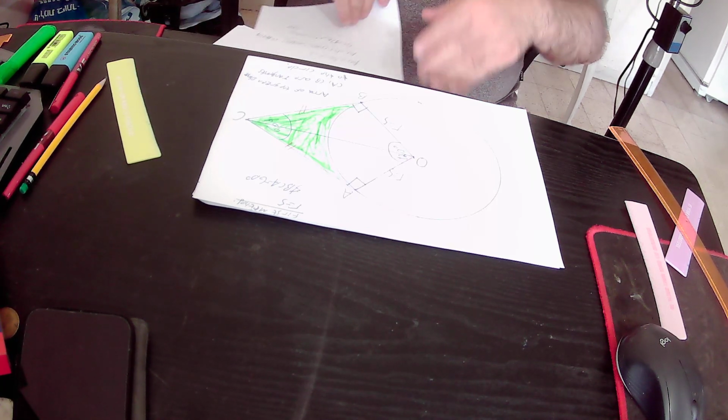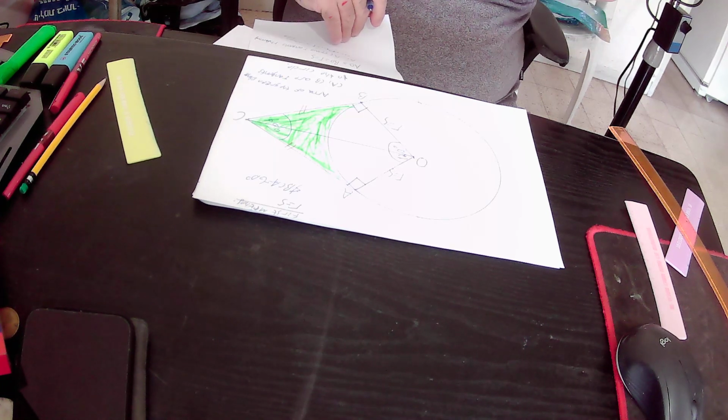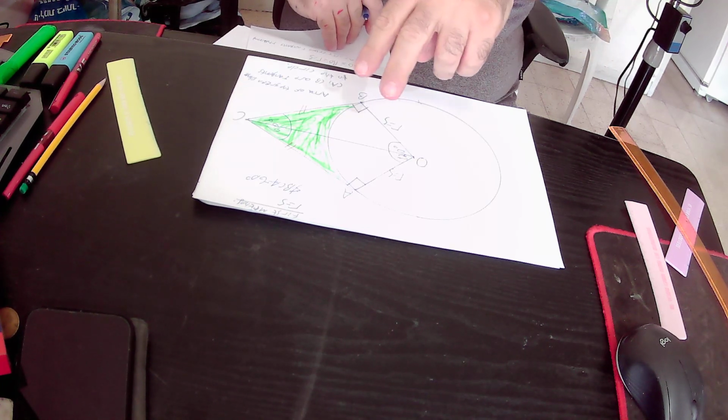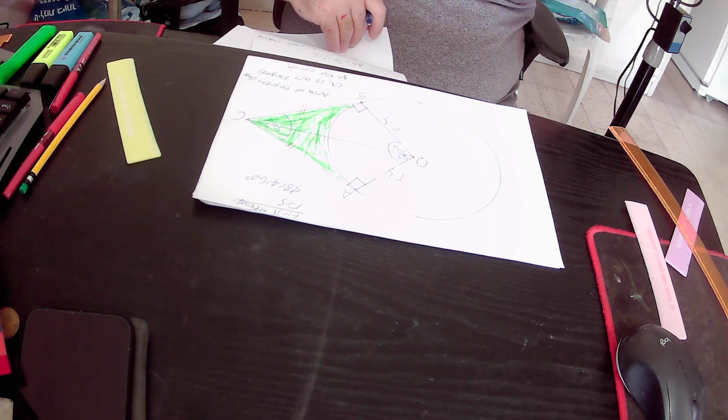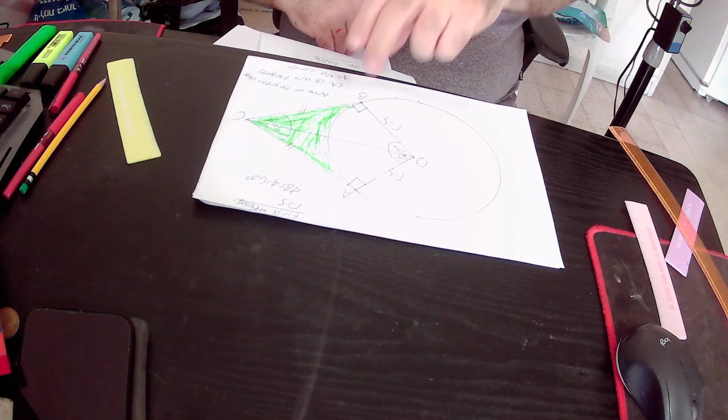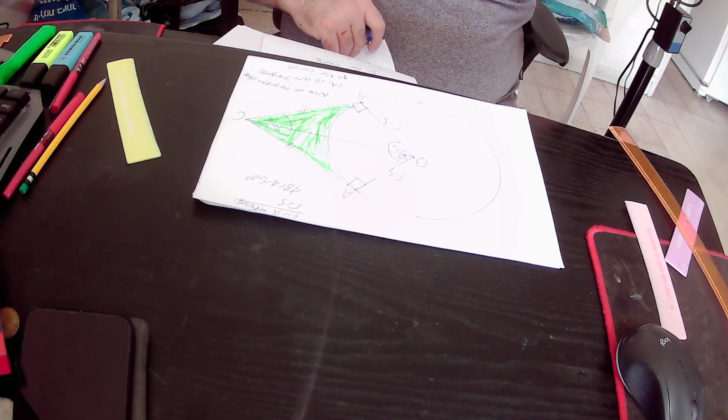So we actually proved that all the sides of triangle OCB are equal to all the sides of triangle OAC. Therefore, those two triangles can go into each other according to the side rule.